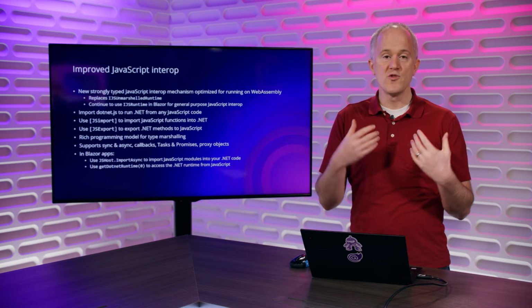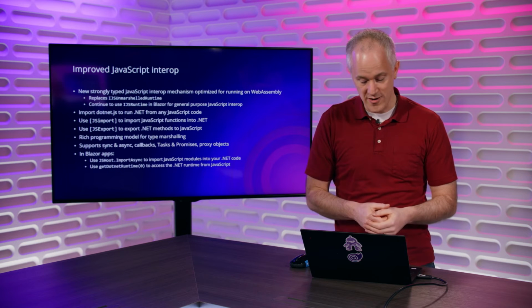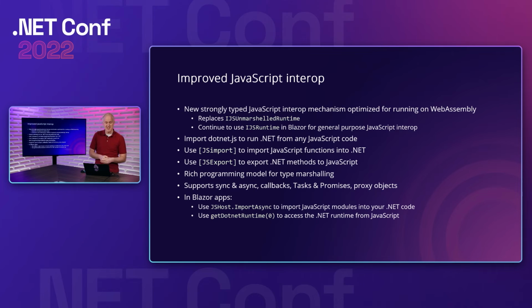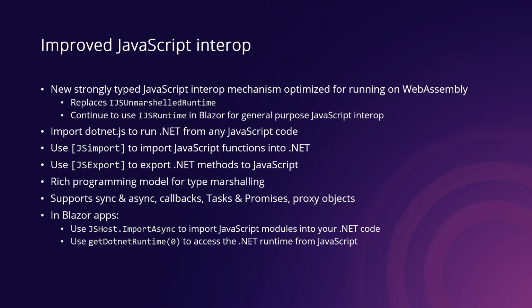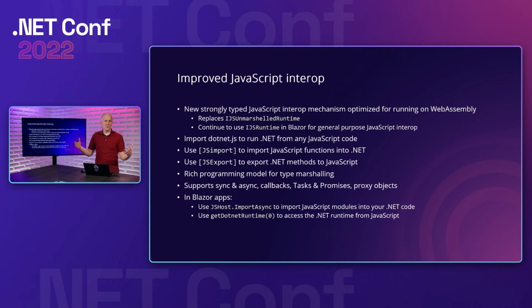We also have a new improved JavaScript interop model for WebAssembly apps in .NET 7. This new model is strongly typed and highly optimized for efficient execution on WebAssembly. In Blazor apps, this new model replaces the existing IJSUnmarshalledRuntime interface, which is now obsolete. Now, for general purpose JavaScript interop, you're still going to want to use the IJSRuntime interface, which will work across all Blazor hosting models.